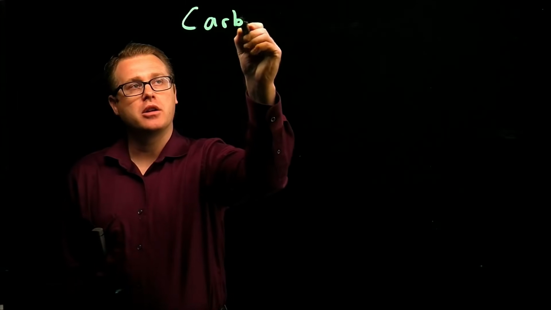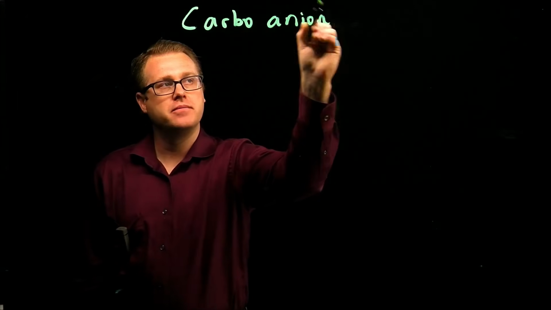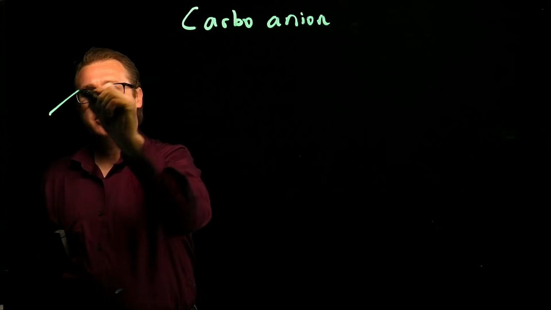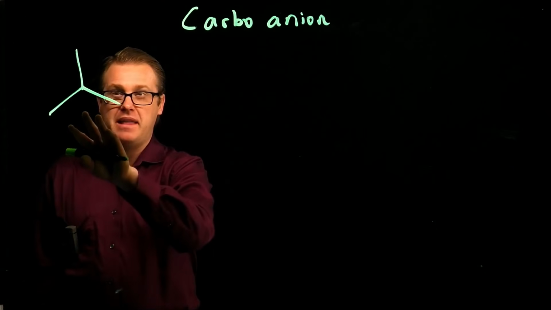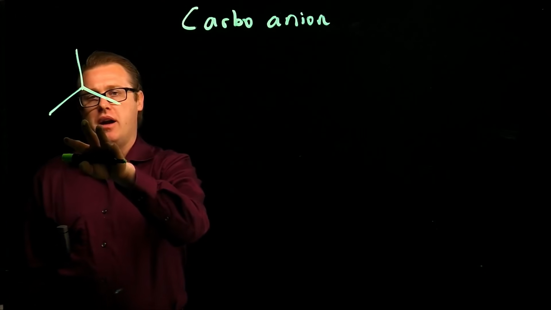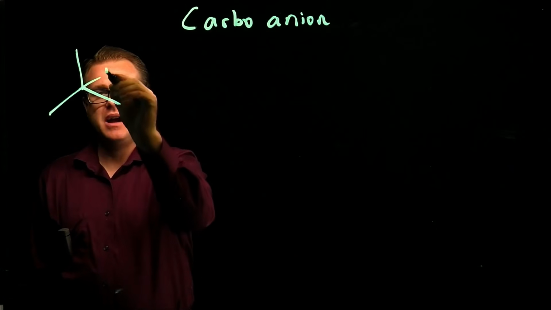So we've taken a look at carbocations. Well, we can also have something called a carbanion. So if we look at the same molecule that we've looked at before, we'll keep that neutral. So the HONK rule says that there's going to be a hydrogen here.